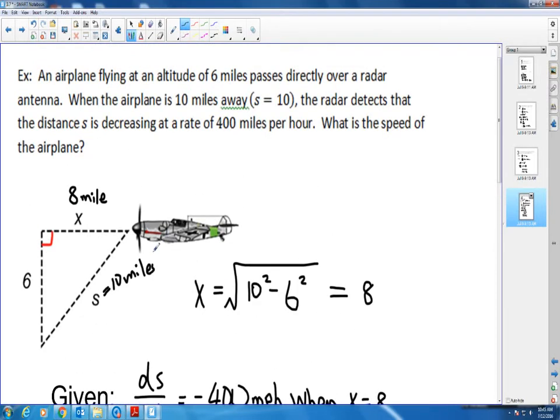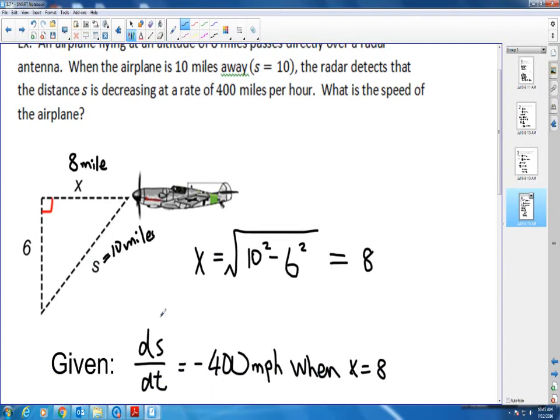It actually means this distance right here from the ground to the airplane is decreasing at 400 miles per hour, because the airplane is coming. So how fast is this dashed line decreasing? It's going downward at 400 miles per hour. So we use that idea to help us figure out the speed of the airplane.